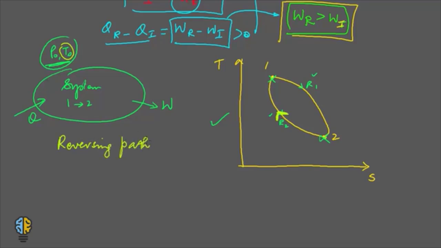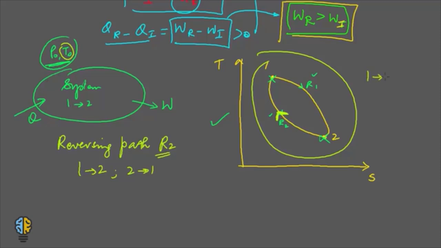So instead of the process 1 to 2, it now becomes 2 to 1. And this is now representing a cycle 1 to 1.